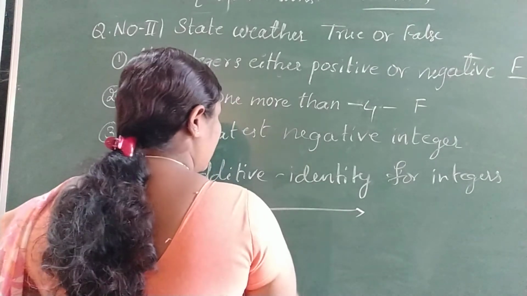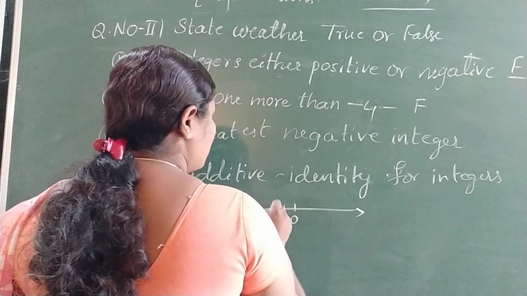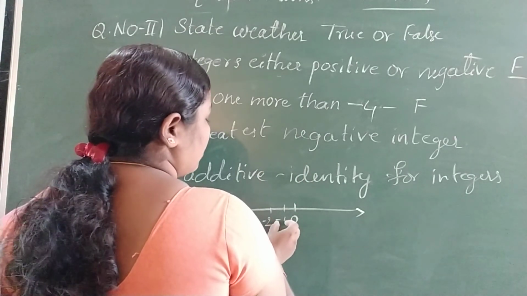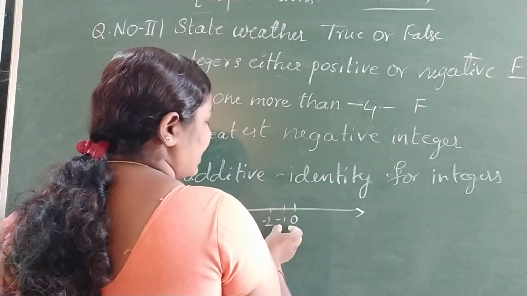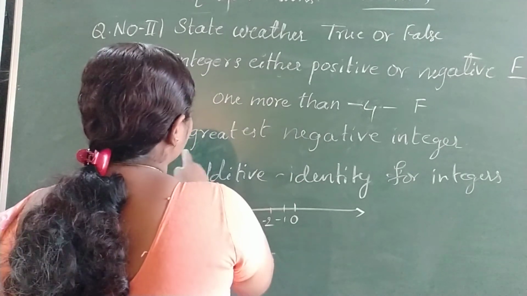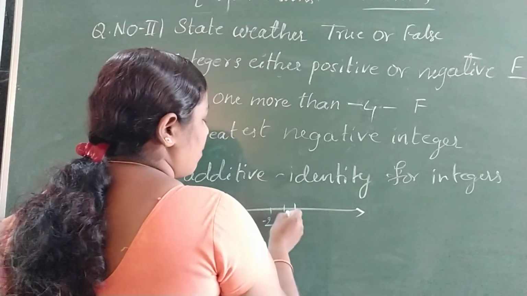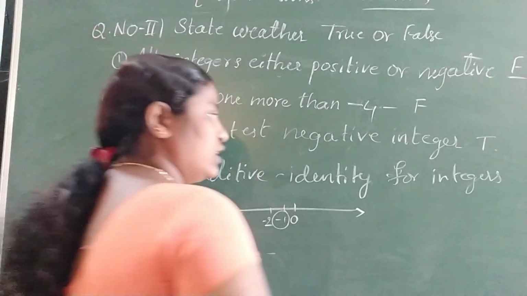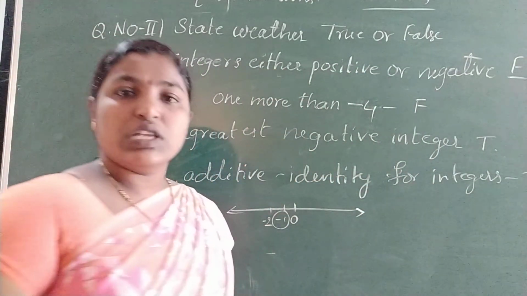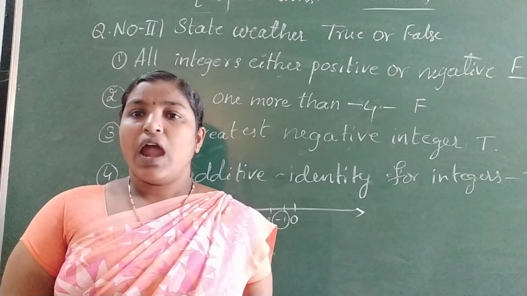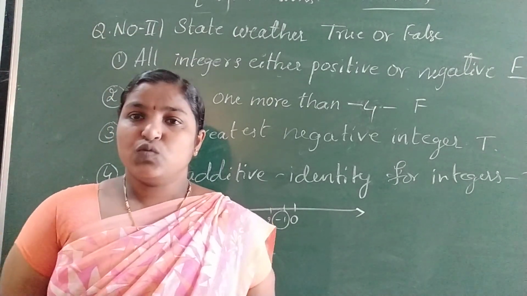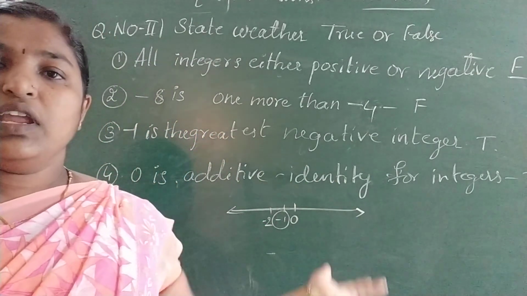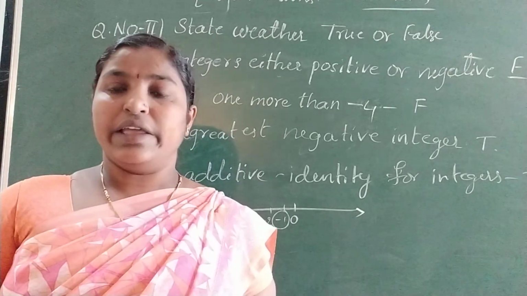Yes, because minus 0, minus 1, minus 2. After that, minus 2 will be smaller than minus 1. So the greatest negative integer is minus 1. This is true. 0 is additive identity for integers. Yes, this is also true, because I explained just before about additive identity for integers as well as multiplicative identity for integers. The remaining questions we will discuss in the next session.